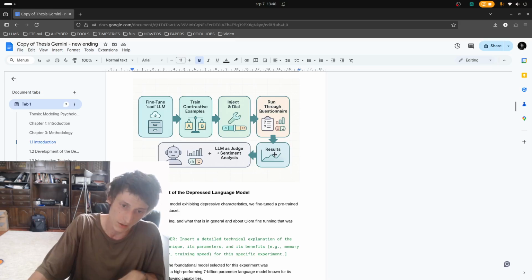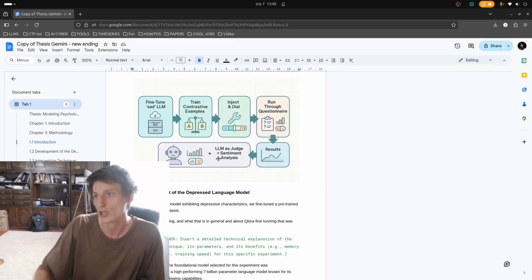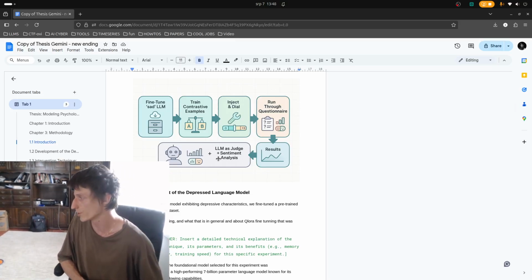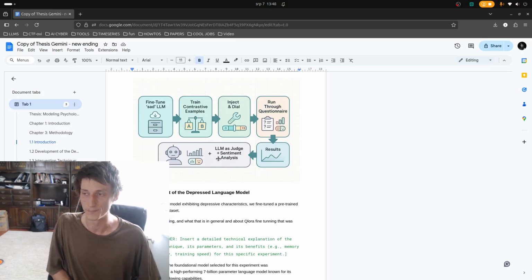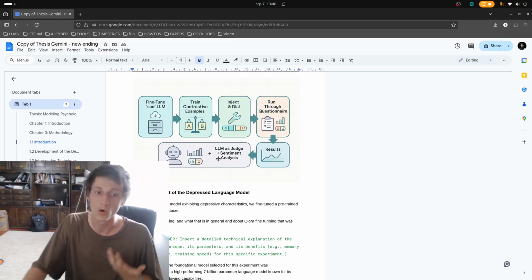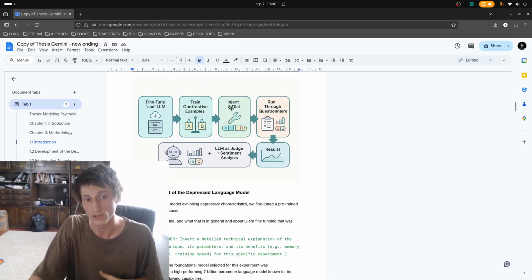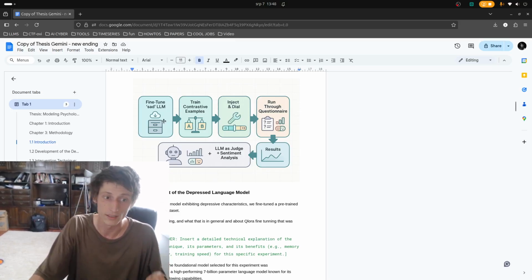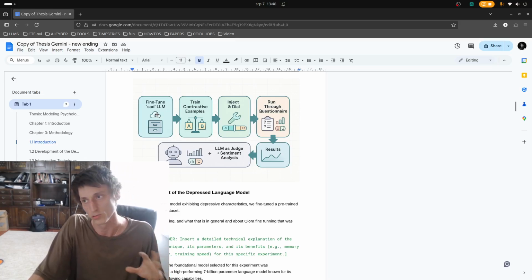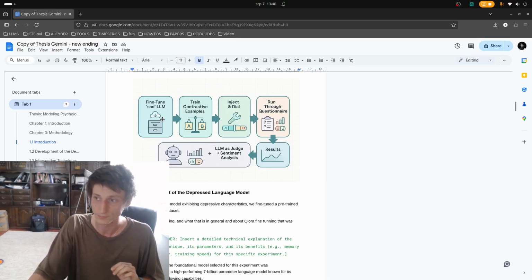We then took those results and used an LLM as judge plus a sentiment model to evaluate whether the responses were more positive, or how each of the different interventions affects the fine-tuned sad large language model.